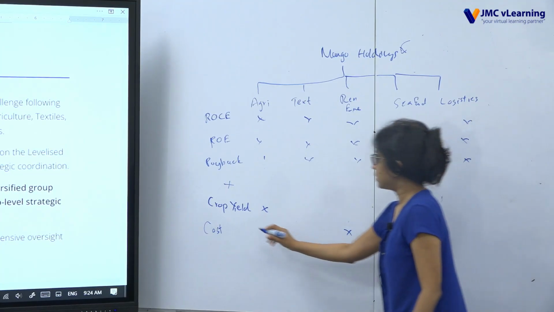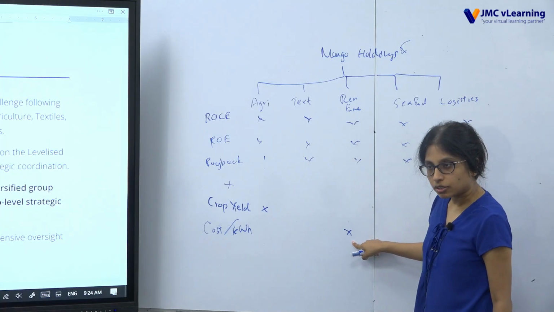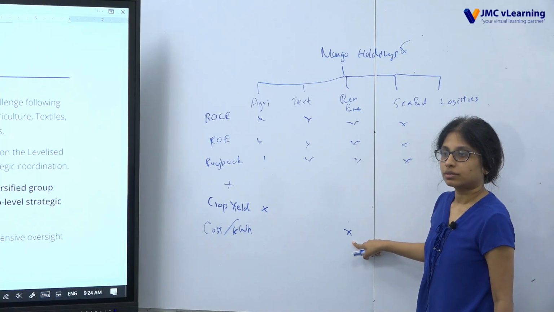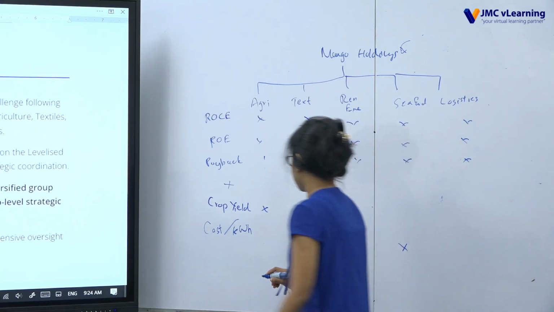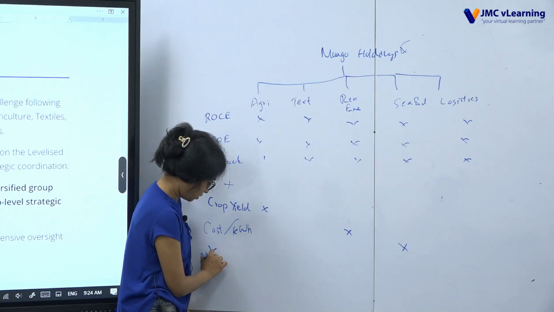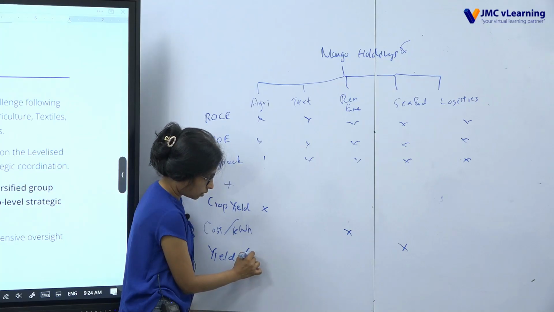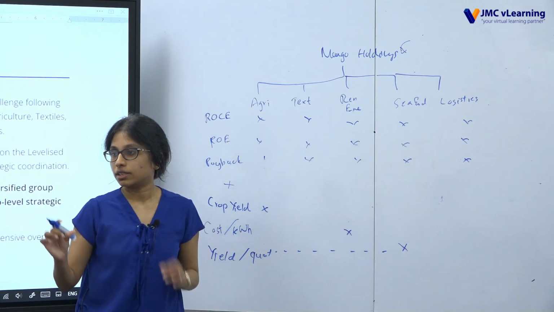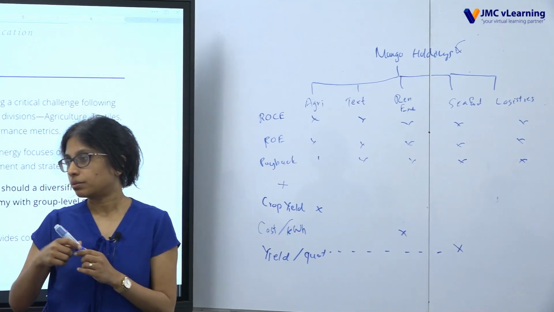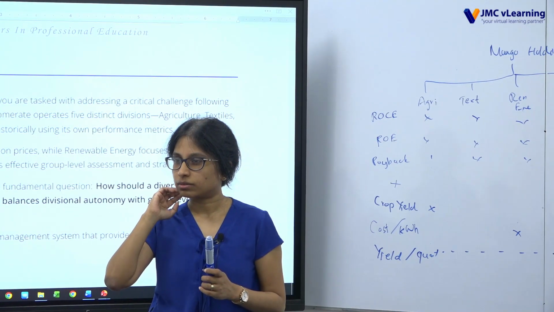You can compare this with other renewable energy companies. If it is seafood, let's say it's prawns or something, in the last quarter, the yield per pond.